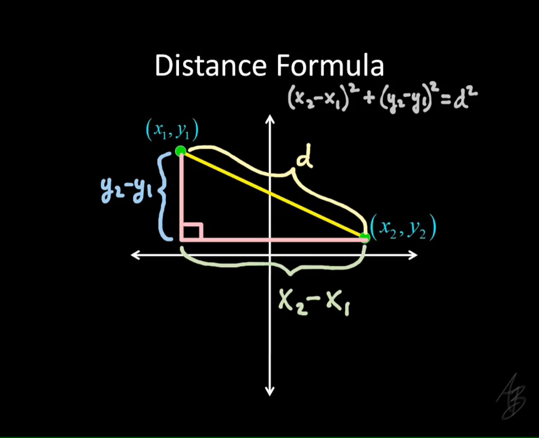So let me take a second here to write it down. So the distance, D, is going to equal the square root of that whole thing right there. And that formula comes from stuff that we already knew how to do. It comes from the Pythagorean theorem. So here's your distance formula.